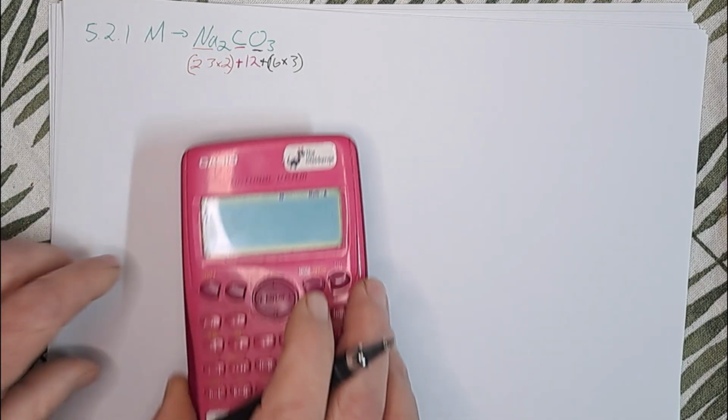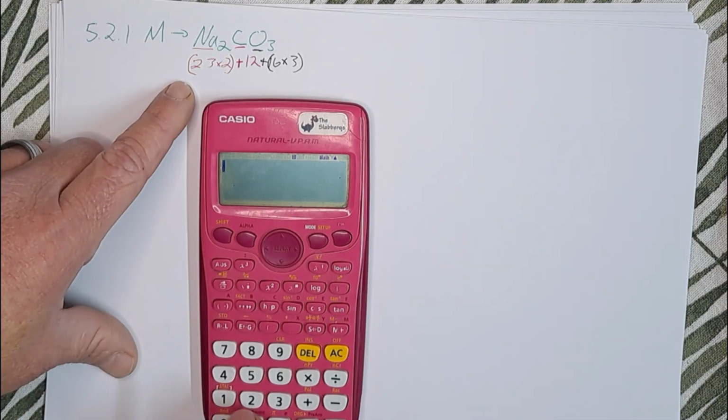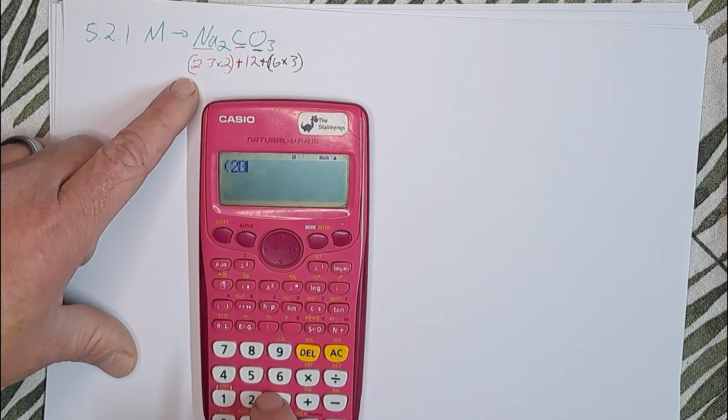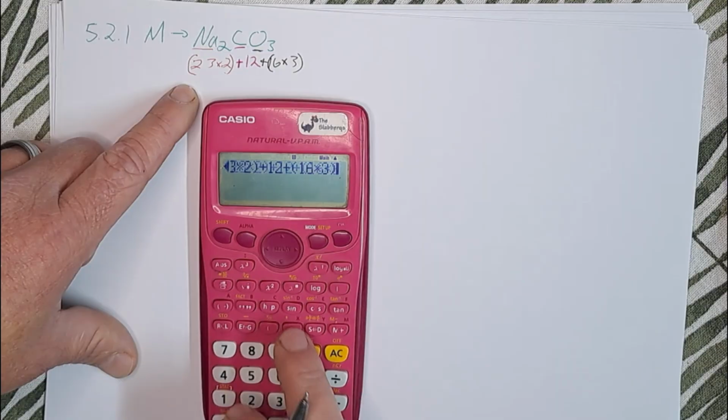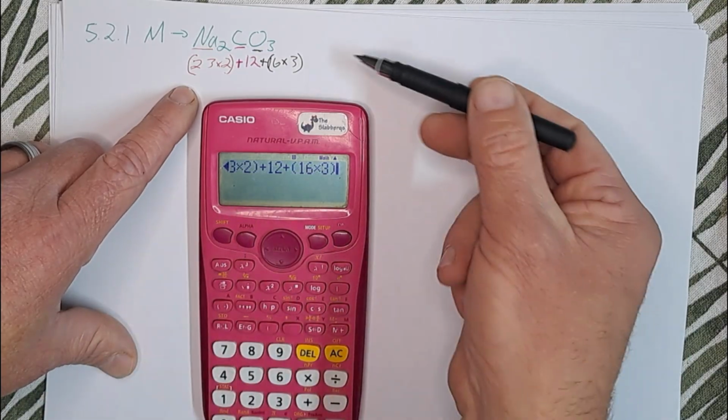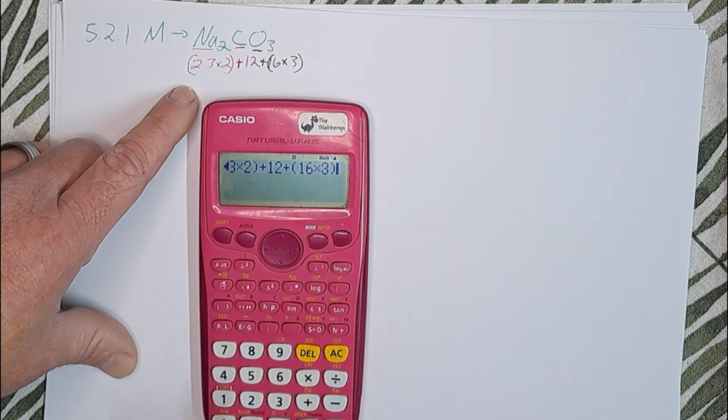So we're gonna smash it into our calculator now. It's gonna be bracket 23 multiply 2, close my bracket, plus the 12 of carbon, plus then I have a bracket there, 16 multiply with 3. You can see I type it in exactly as I wrote it down. I'm not gonna be fancy. I'm just gonna get it.